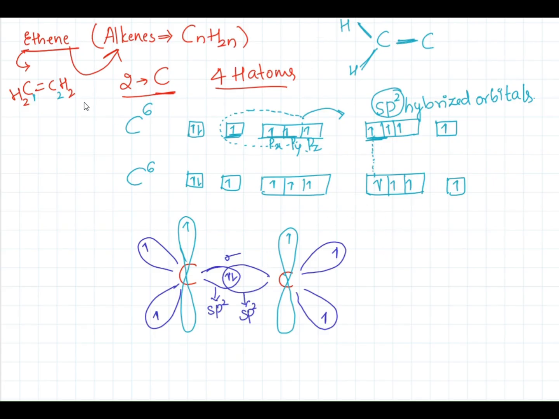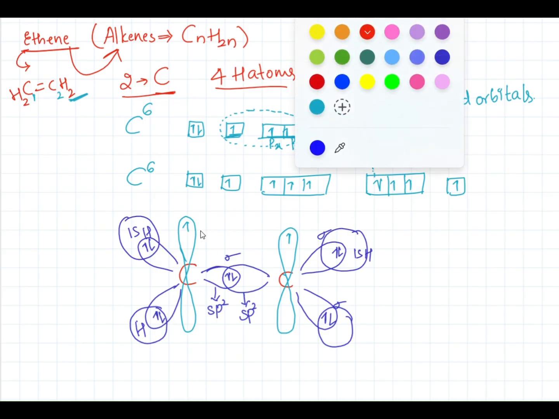Now there are 2 hydrogens with each carbon, and each hydrogen will donate 1 electron in its 1s orbital. The 1s orbital of hydrogen will combine with the sp2 hybridized carbon atom to form a sigma bond, right? And there are unhybridized p orbitals.